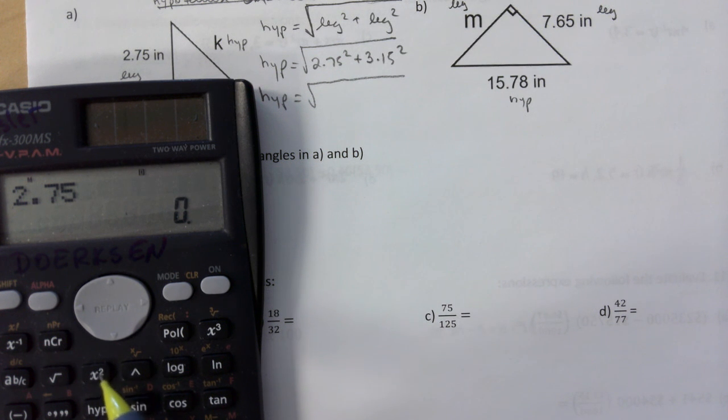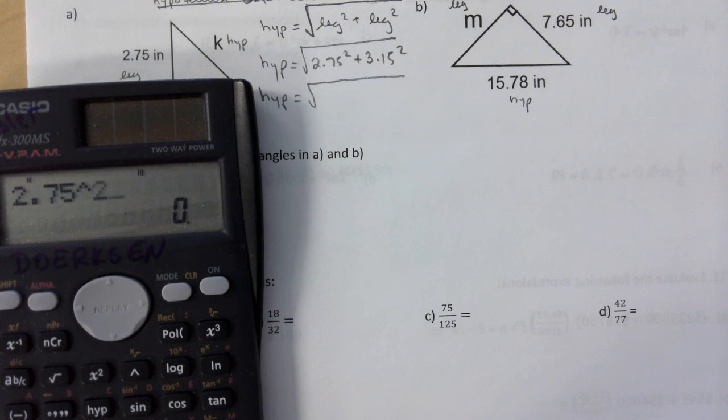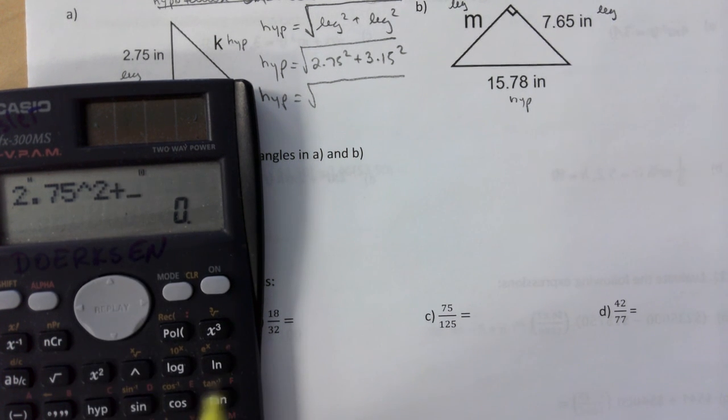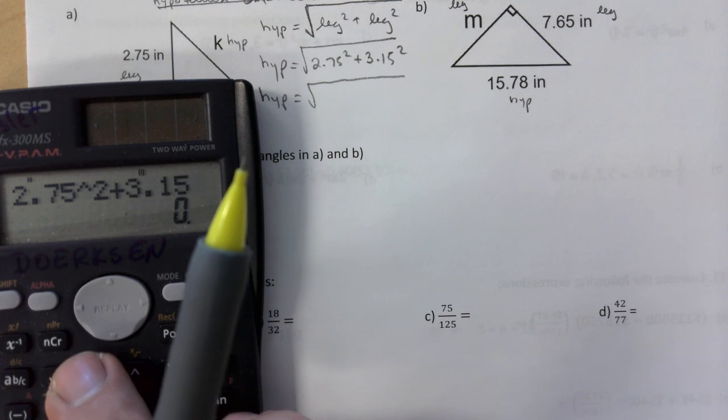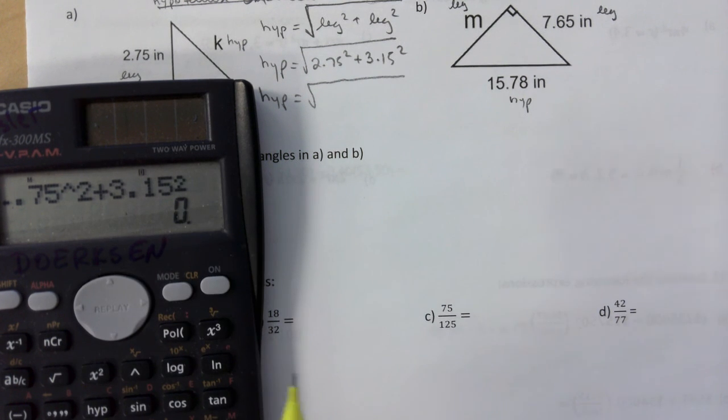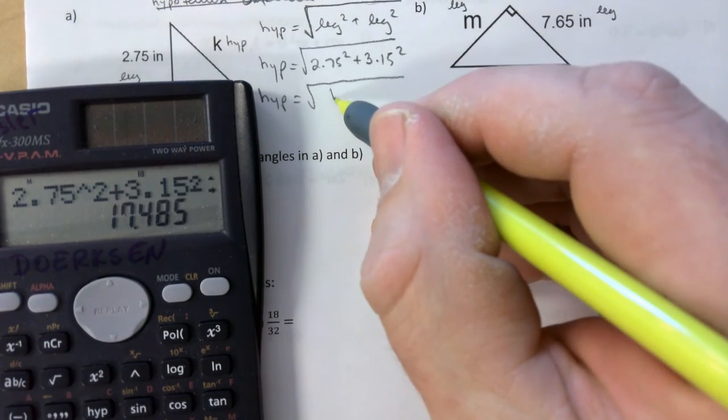So the x2 or the hat. If you have a hat like this, you can just press hat 2, that is also squaring that number, plus 3.15. I'm going to use the x2 now. So either one works.